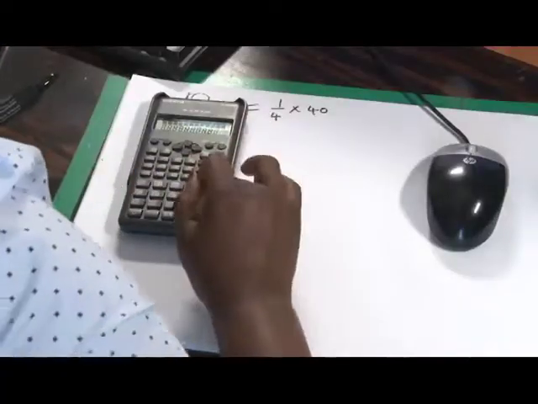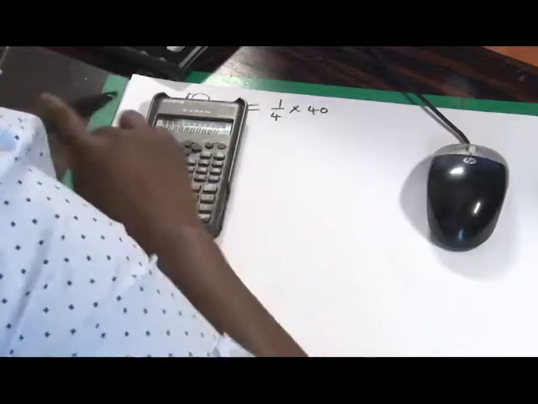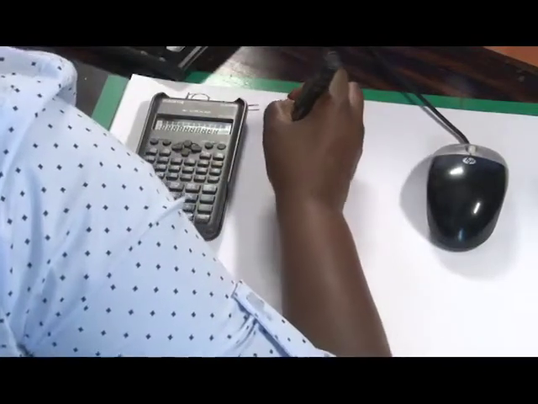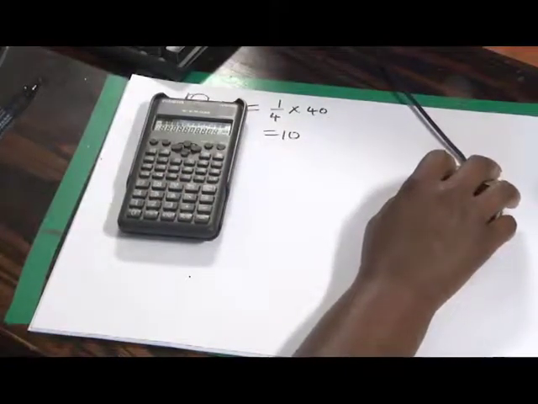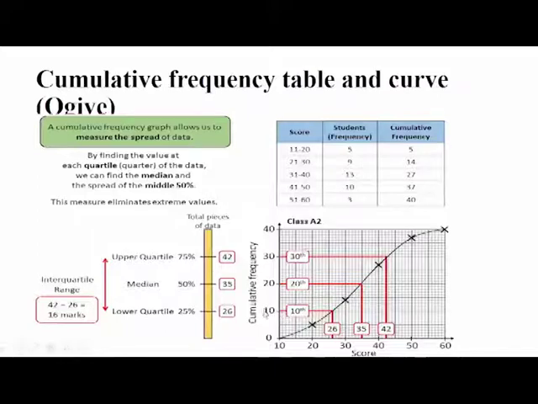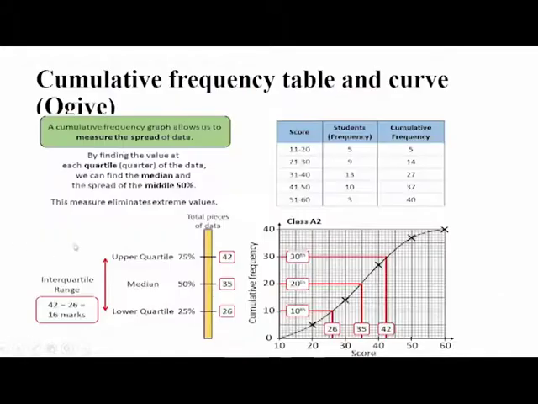You get 10. But 10 is not your final answer. You come back to your graph, read at 10, and then read from your graph what answer is there. So you can see your lower quartile here, it's 26. If it says find the median, it is the middle term. If the numbers go up to 40, the middle is 20. Then you go and read your answer.